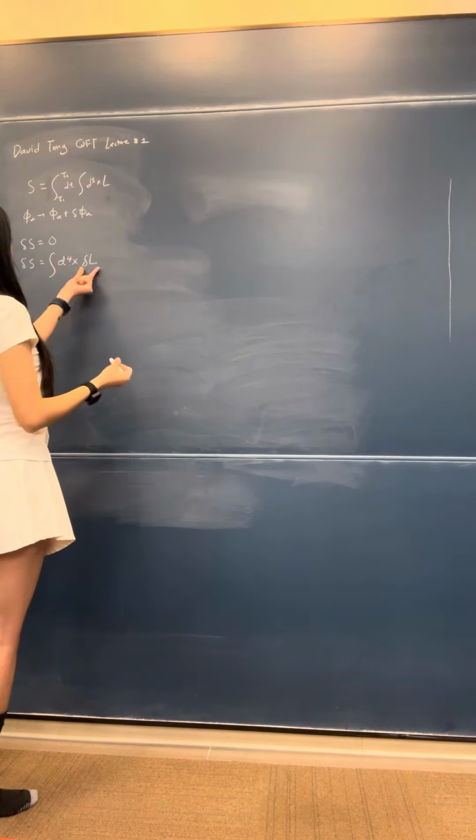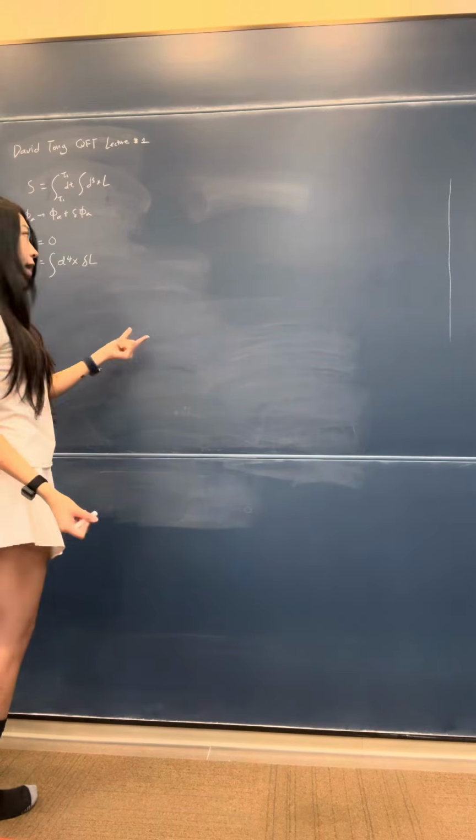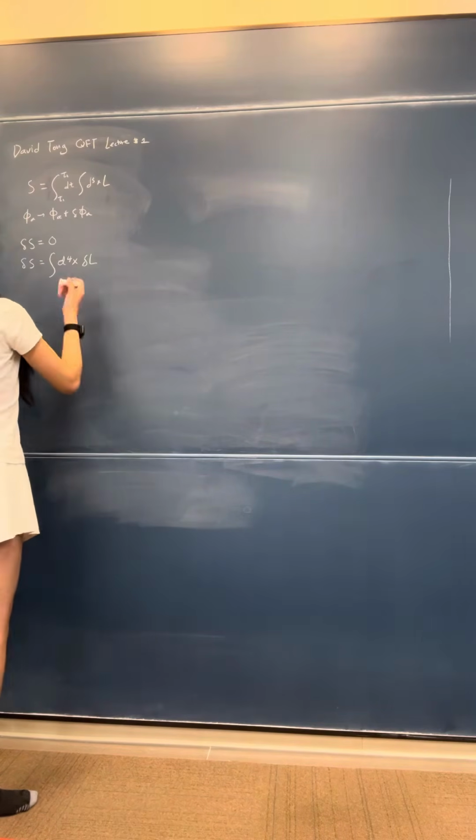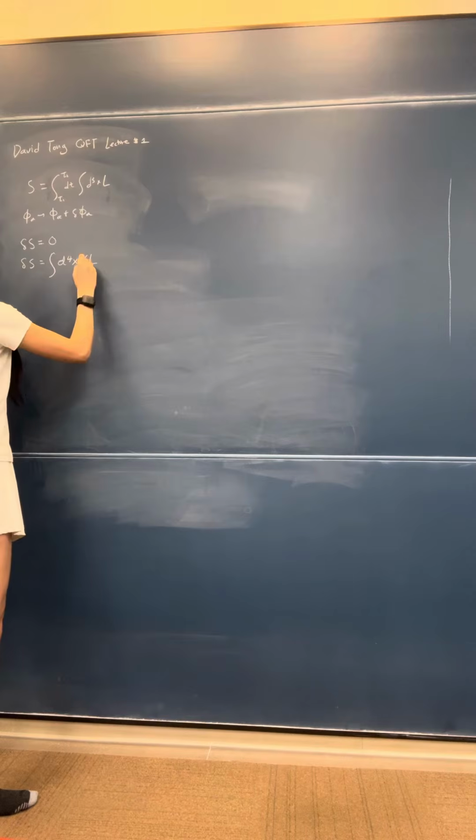And then we know L is a function of phi and partial phi, so we can rewrite this part.